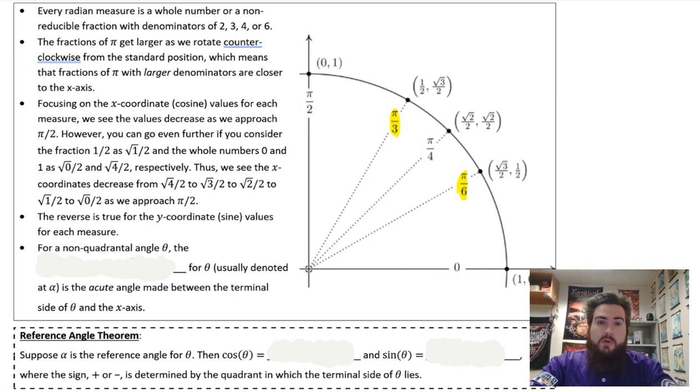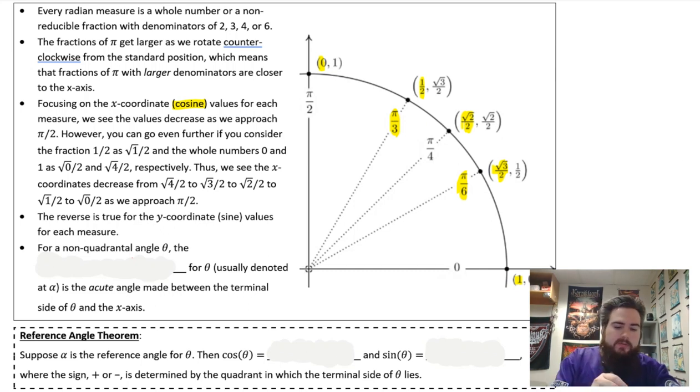If you look at the x and y coordinates, whether the x coordinates or the cosine value for each measure, we see that the values decrease as you approach pi halves, or the y-axis. The x values go from 1 to root 3 over 2, to root 2 over 2, to 1 over 2, and eventually to 0.